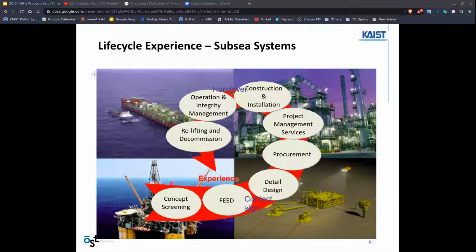This is usually maintenance or repair, or may even include abandonment if required. But this is done according to the interest of the client. So as you can see, there are two points: contract signing and handover. Everything in between is done by the contractor.